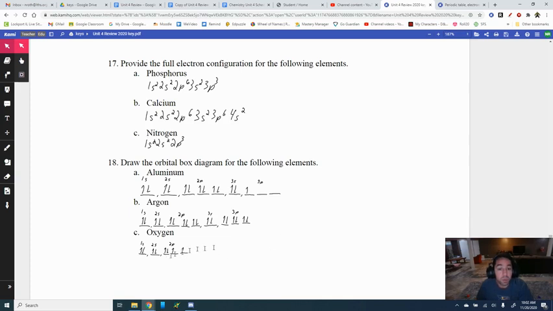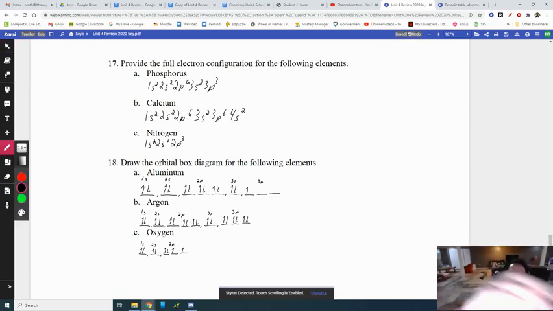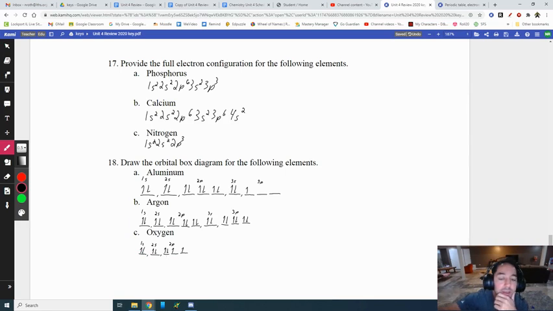Now, couple things. First, when we have a sublevel that has more than one orbital in it, like the p sublevel, okay, we can only fill out one electron per orbital at a time. Okay, so for example, oxygen. So oxygen has the one, two, three orbitals.